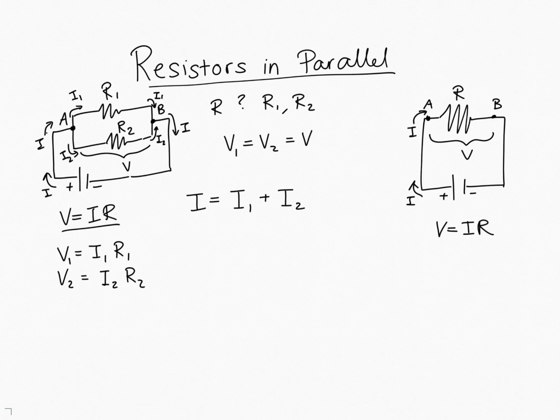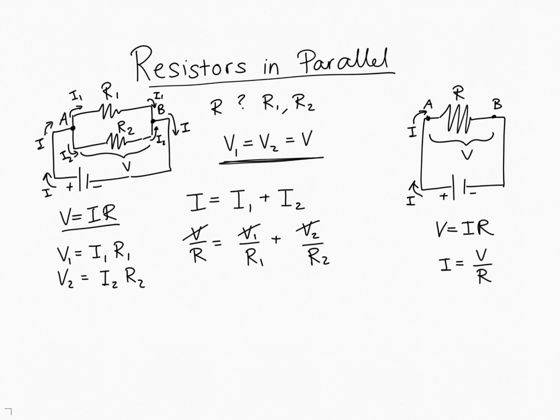to IR. Now since we want to solve for I, we find that I is just going to equal V divided by R. So we have V divided by R is equal to V1 divided by R1 plus V2 divided by R2. Since we also know that all the V's are the same, we can cancel them out on both sides.